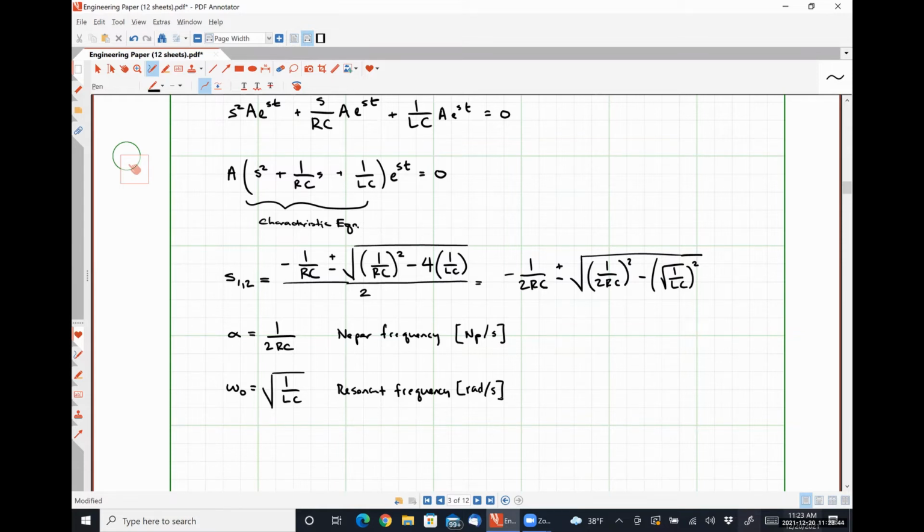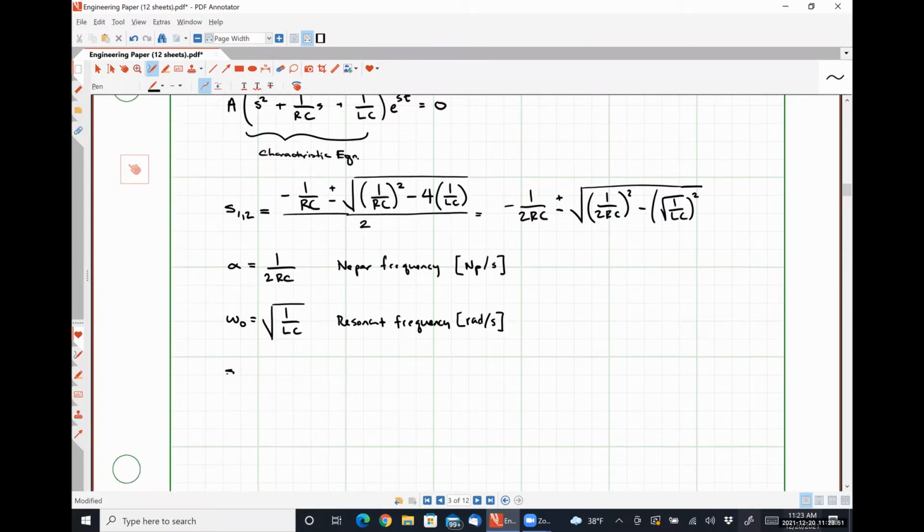All right, so in terms of our Neper frequency and our resonant frequency, we now have S1 as negative alpha plus the square root of alpha squared minus omega naught squared, and S2 as negative alpha minus the square root of alpha squared minus omega naught squared.